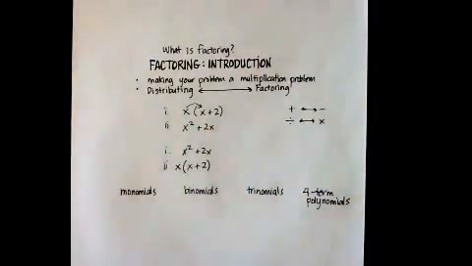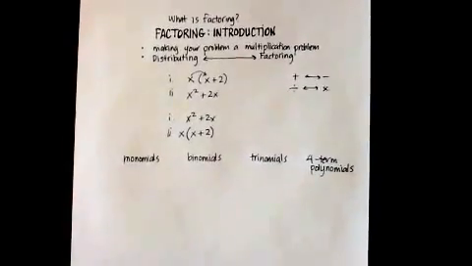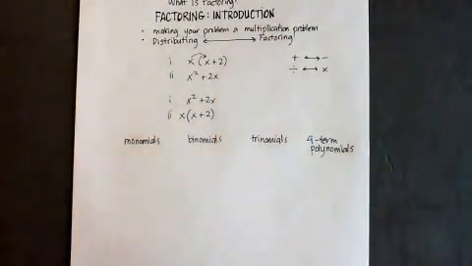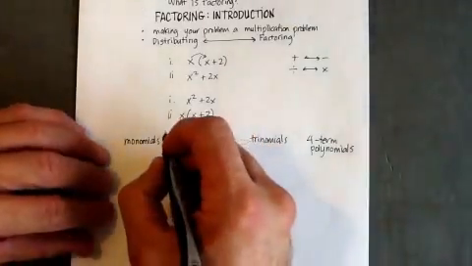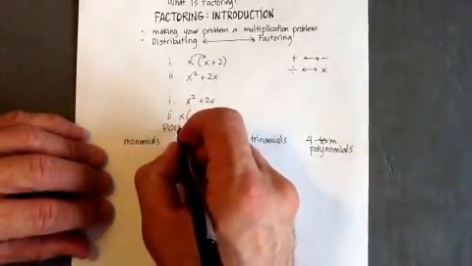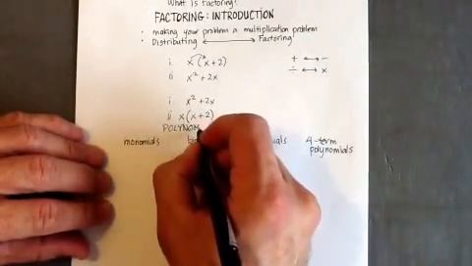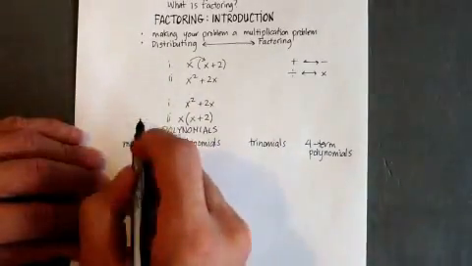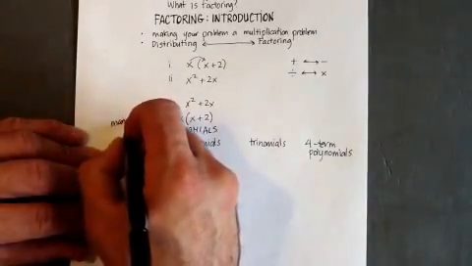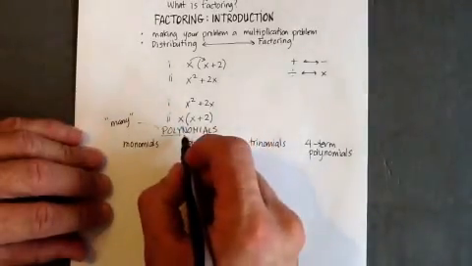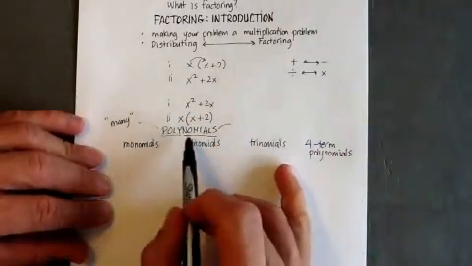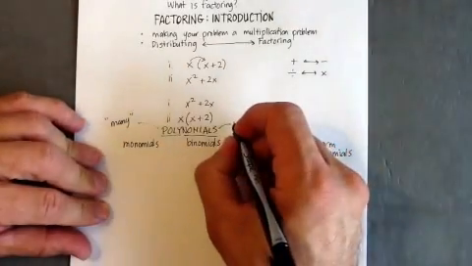So I want to end this little tutorial by talking a little bit about what polynomials are, because notice you have omials in all of these. Polynomials, if you just look at the word, poly means many. And nomials, if you look at the word in French, the word nom, it means a name, but basically just means terms.